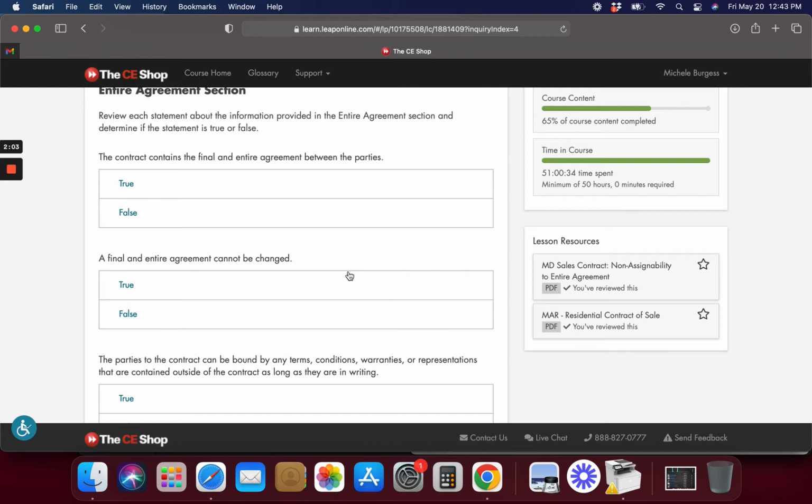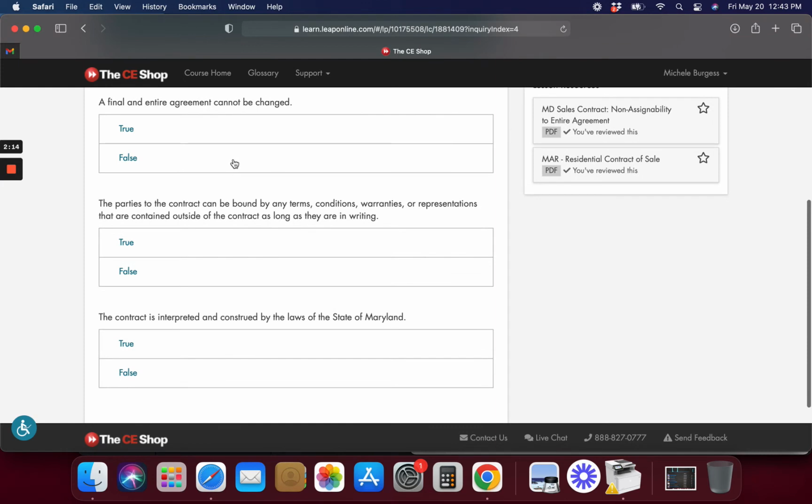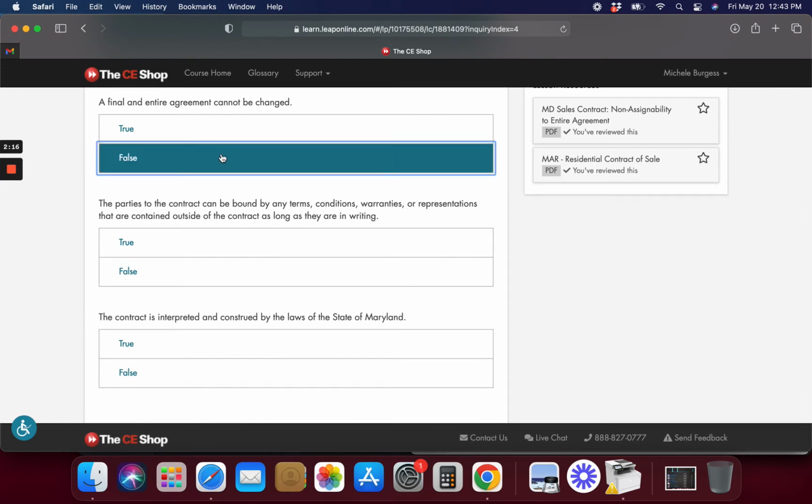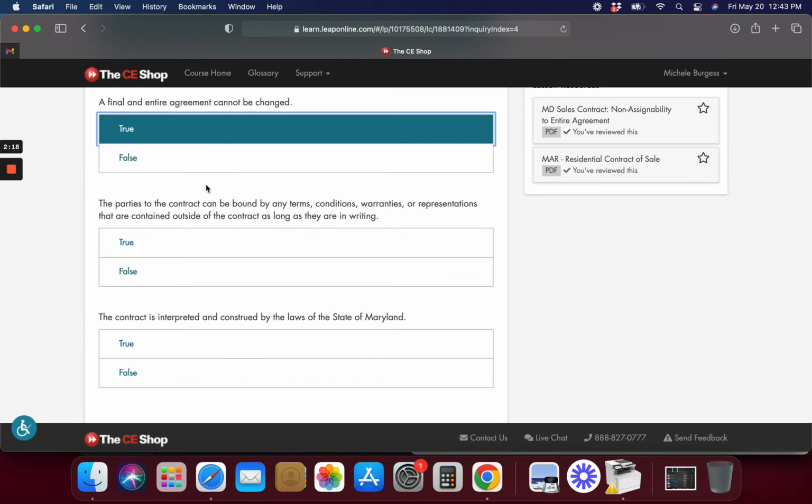All right, review each statement and determine if it's true or false. The contract contains the final and entire agreement between the parties. A final and entire agreement cannot be changed. The parties to the contract can be bound as long as they are contained outside the contract, as long as they are in writing.